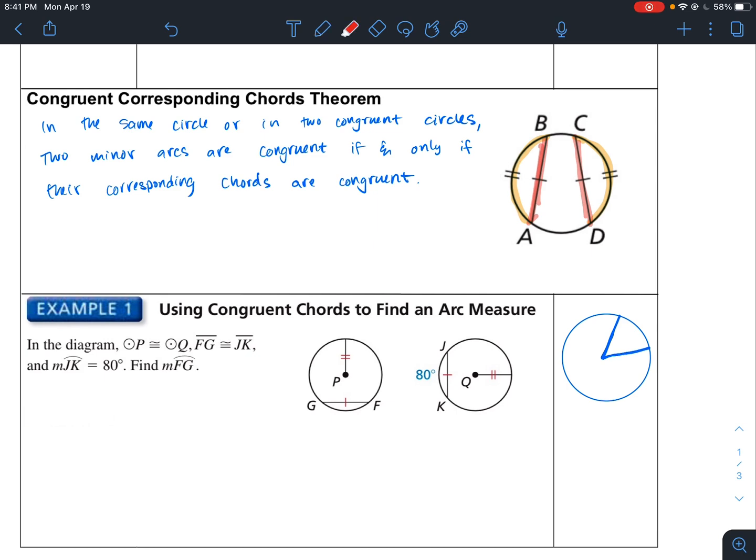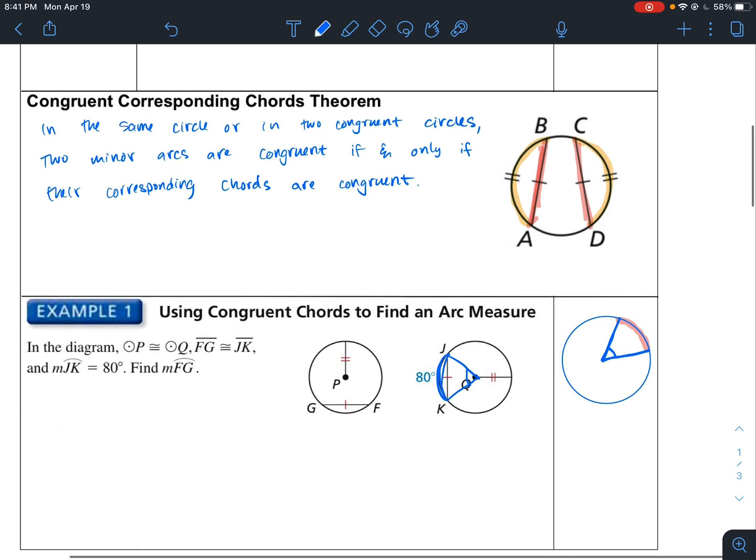Now, this right here is the arc, but the measure of the arc is the same thing as the measure of the interior angle. So right there, that would be the measure of the arc. They'd be the same. So pretty much what we're saying here is that this angle right here is 80 degrees, which is the measure of this arc. Okay, so it wants us to find the measure of FJ or FG.